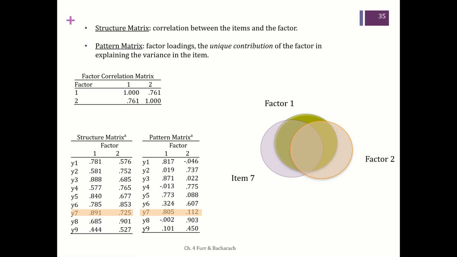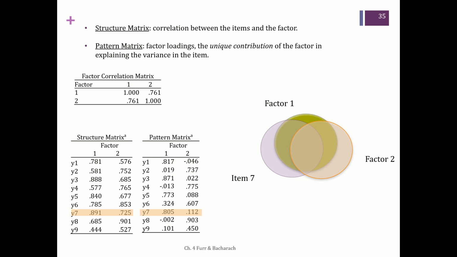So only overlap between blue and green, no red. So the piece in the middle where green, blue and red overlap, that part is not taken into account in the pattern matrix. Same for the 0.112 that we have over here for item 7 and factor 2. That's the unique overlap between the blue circle and the red circle, where there is no overlap with the green circle as well.